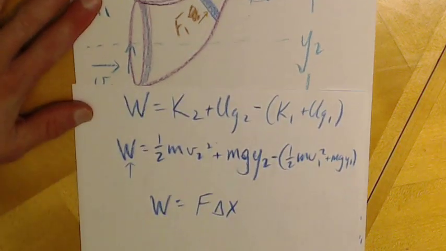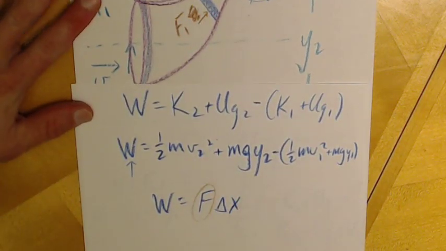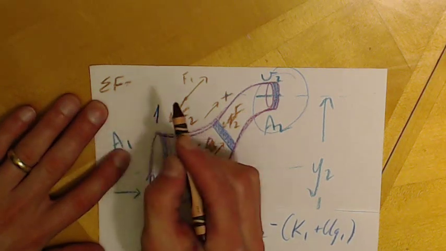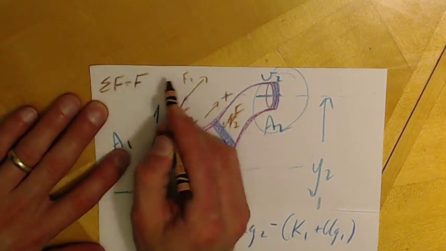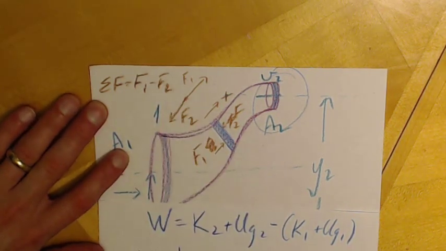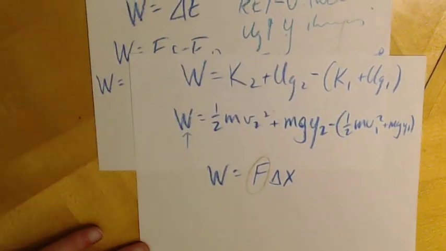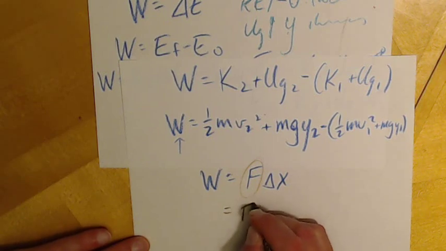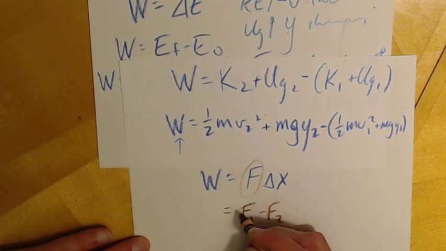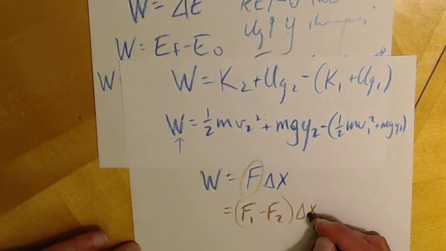I want to find out what F to put in there. So I'm going to have F1 minus F2, times delta x.